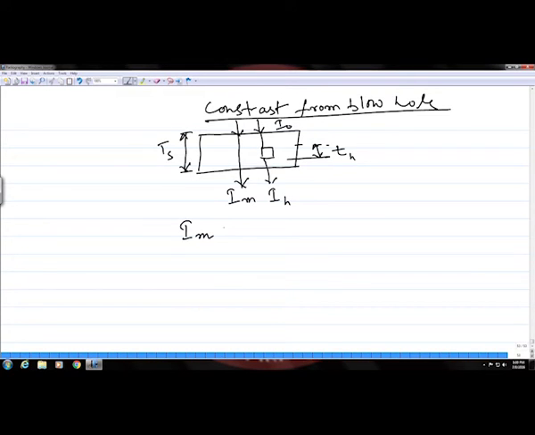So, IM is straightforward, and for this IH, in this case it is going through the parent material only, but a thickness which is lower by the thickness of the blowhole, okay, as you could see from this diagram.